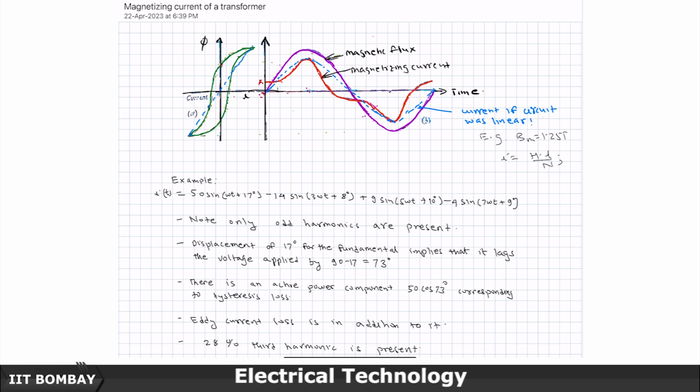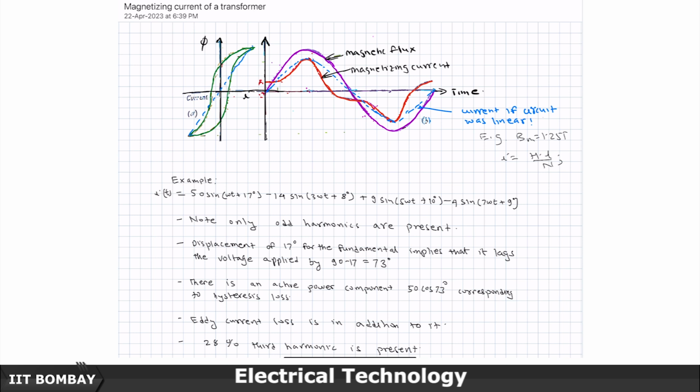But suppose I wanted only a linear approximation, then this dotted blue line would indicate the linear approximation of this circuit.